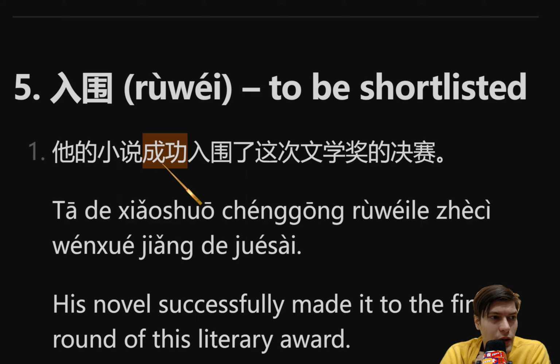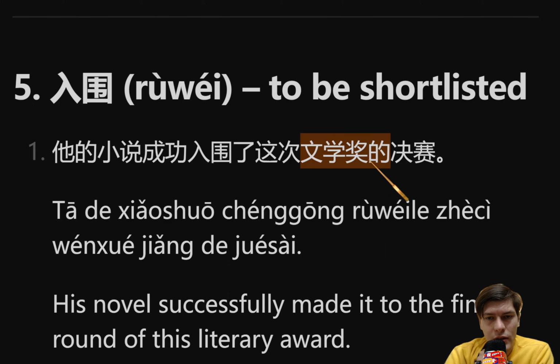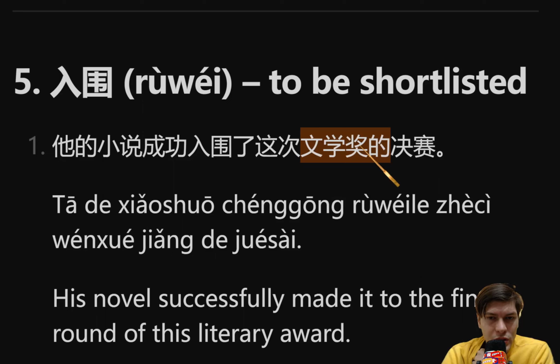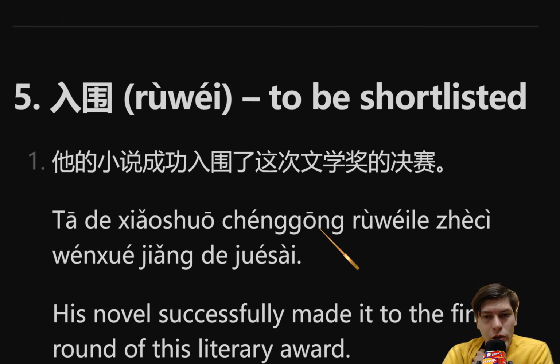It's an adverb, not an adjective. 成功入围了, as you can see, 了 shows it's a verb. 入围, to be shortlisted. 入围了这次文学奖的决赛. 这次 means this time; it can be a major word for a tournament, but it could also just be time. 决赛 is the final, and which one? 文学奖的决赛, 奖 meaning award, literary award for literature.